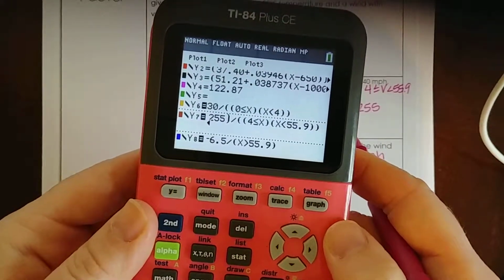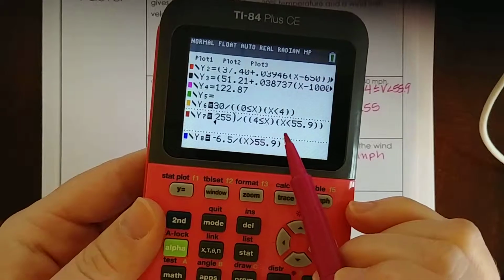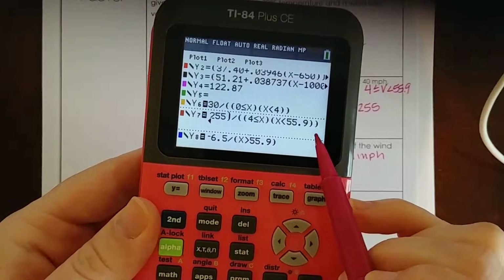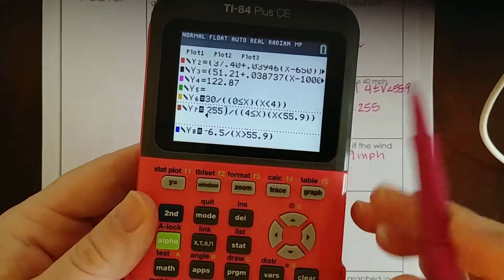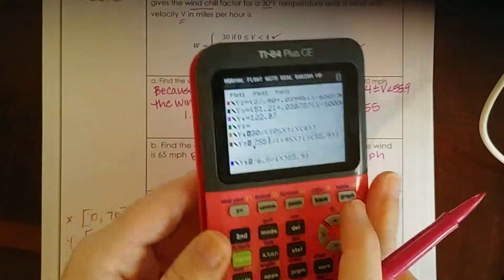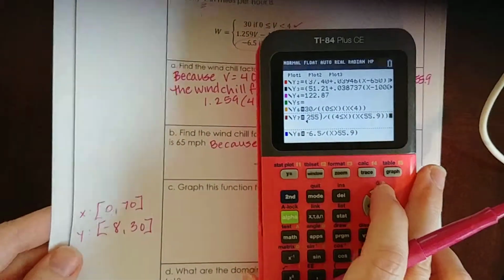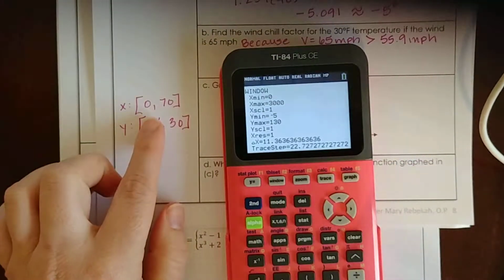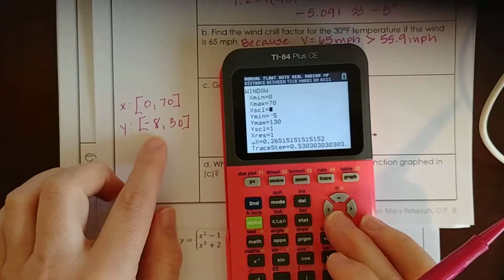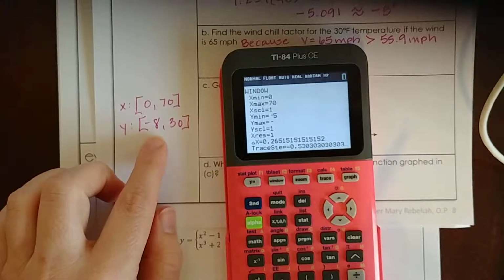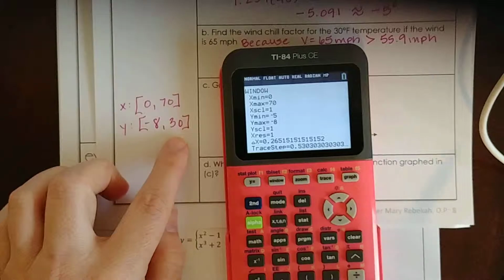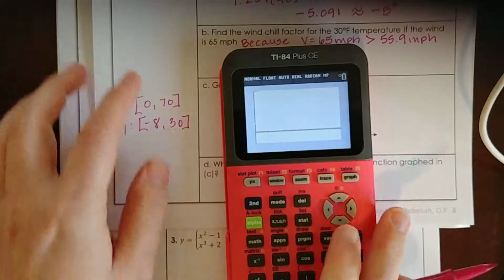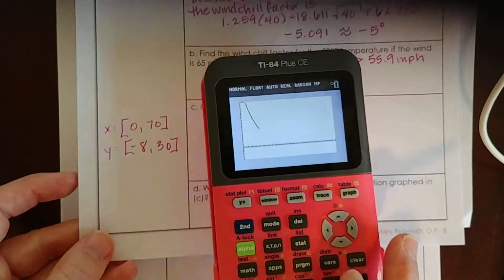Okay, so 4 is less than or equal to x is less than 55.9, enclose everything in another set of parentheses, and we're going to let our domain and range restriction be 0 to 70, that was given by the problem, and then negative 8 to 30 is going to be our y.